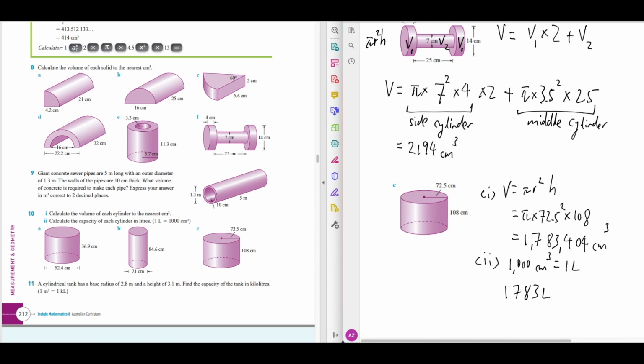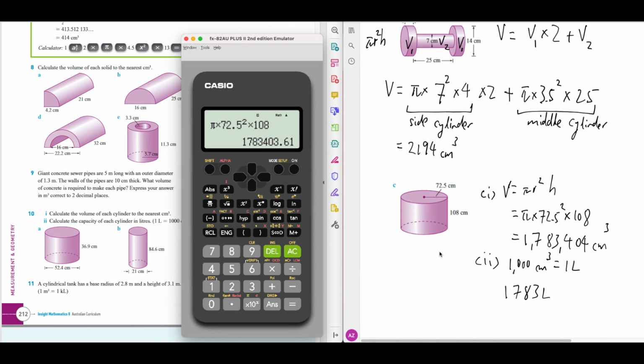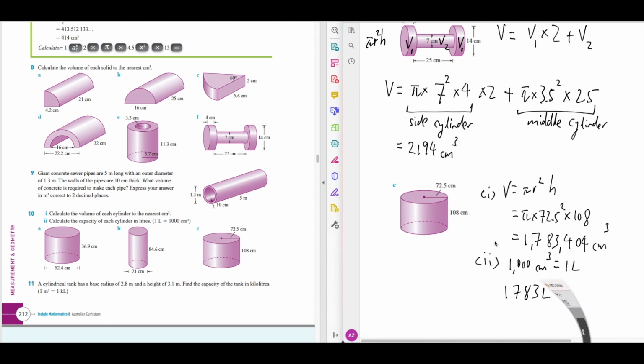You see how I use the answer button because that's the previous number. I get this, and rounding to the nearest number is 1783, and that's what I wrote here. So you can say capacity equals that. All right, that should be all for today.